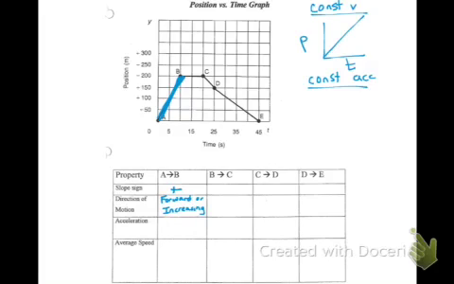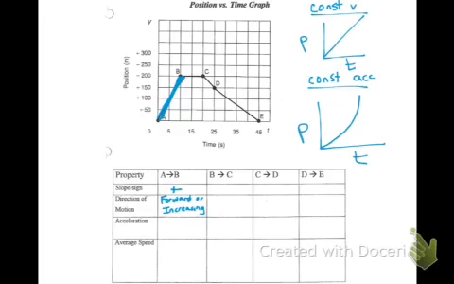So our position versus time graph is a direct relationship. However, for constant acceleration, our position versus time graph is an exponential relationship, because you're now covering more distance over the same period of time.